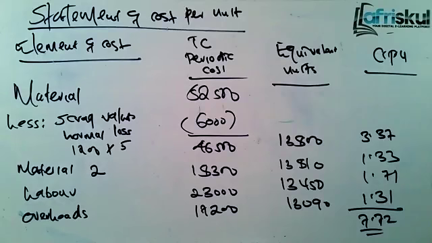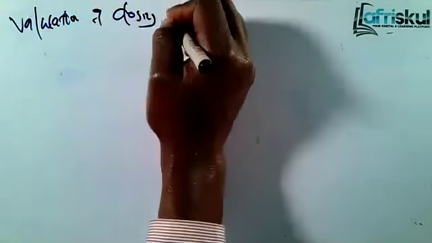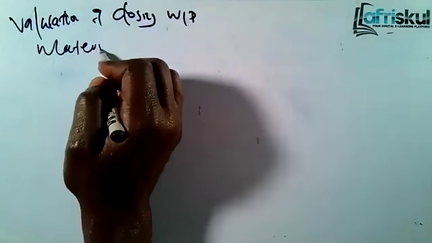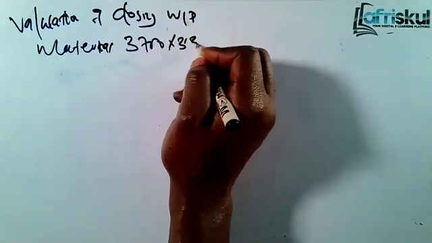After that, now very fast, you go and do the valuation of closing WIP. So we had material 1, it was 3,700 at 3.3.